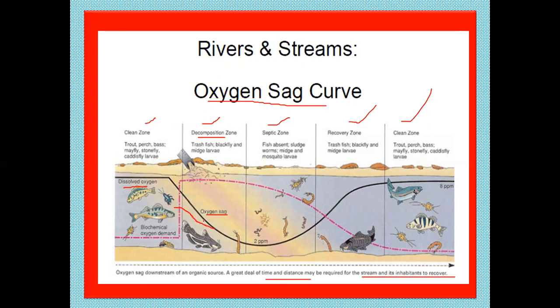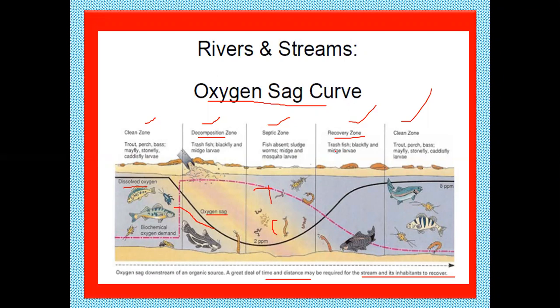That's why the aquatic animals are going down, and the microorganisms and other small organisms are settling. It's a septic zone where the fishes are absent. Sludge worms, midges, and mosquito larvae are developing at this stage. At this sag stage, this is the oxygen sag. Next, recovery zone.